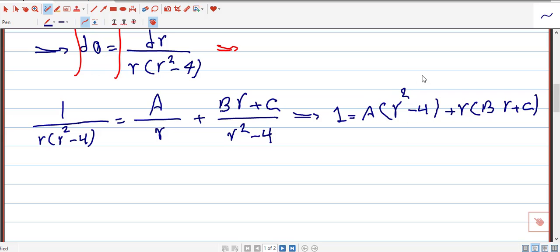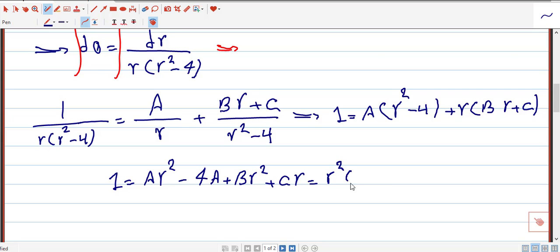On the left side we have 1, so I can rewrite the right side as a multiply r squared minus 4a plus b r squared plus c r, and I'm going to take r squared as a factor: a plus b multiply r squared plus c r minus 4a.